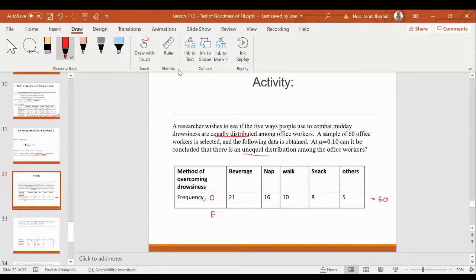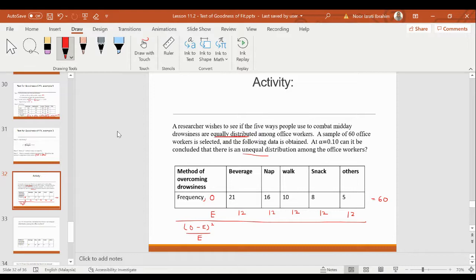There are a total of 5 categories here, so 60 divided by 5 is 12. The expected frequency is 12, 12, 12, 12, 12. Let us find first (O minus E) squared over E here, so that we can find the test statistic value later on.